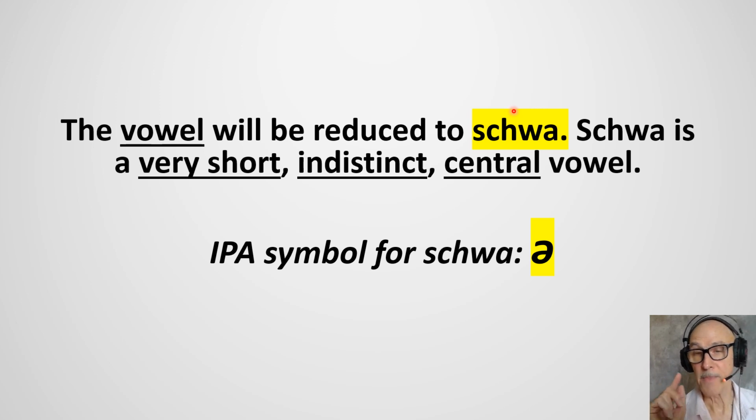And finally, and very importantly, schwa is a central vowel. Why is that important? All of your vowels and all of the sounds that you make, consonants and vowels, are produced in particular parts of your mouth, right?